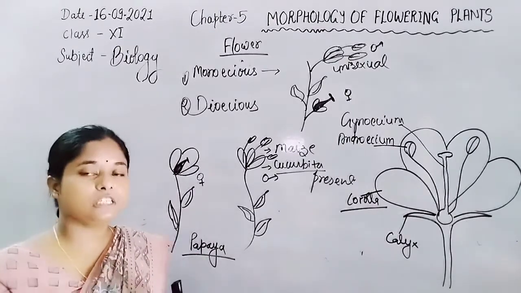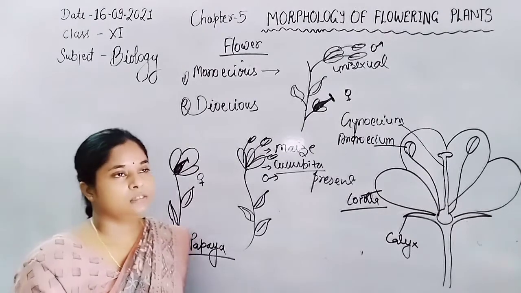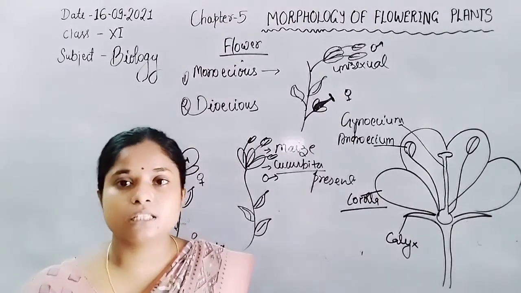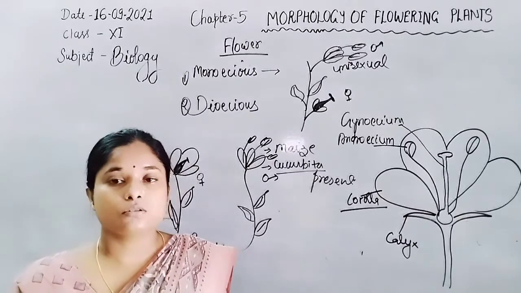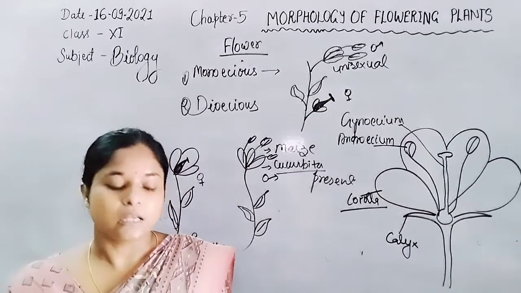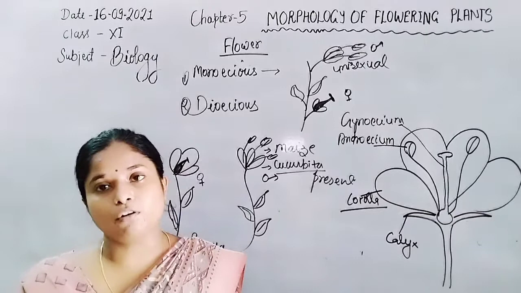If symmetry is present in a flower, that type of flower is known as a symmetric flower. If symmetry is absent in a flower, that type of flower is known as an asymmetric flower.